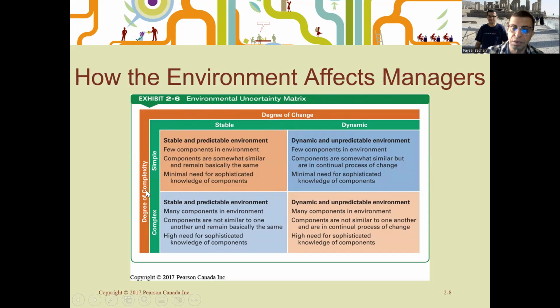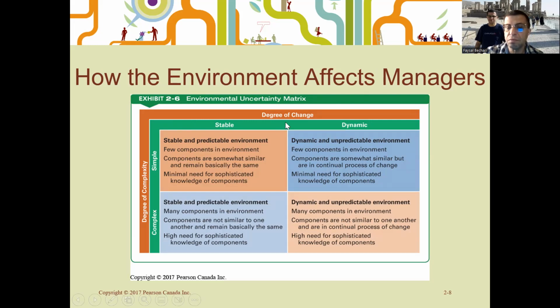How complex is this? For the degree of complexity we have two types: a simple one, and then you have a very complex environment, which keeps changing.